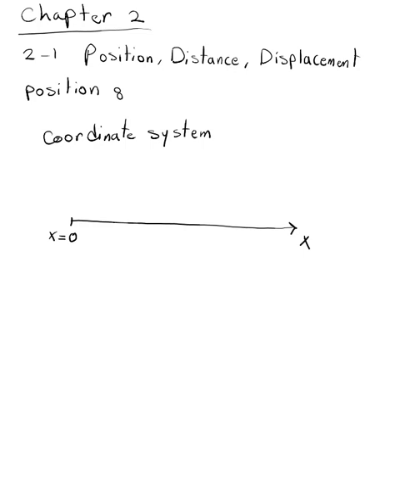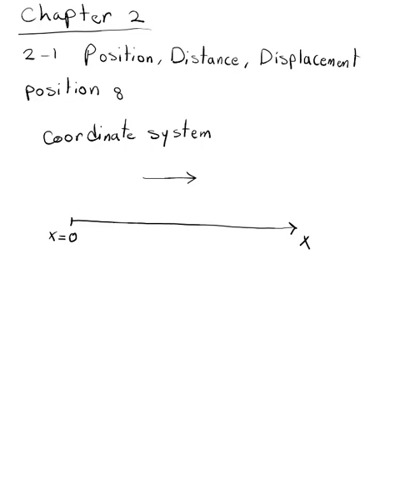This means that, for example, our particle is moving in the positive direction. So this means that the x is increasing. So if it is moving in the positive x-axis, then it means that x is increasing.